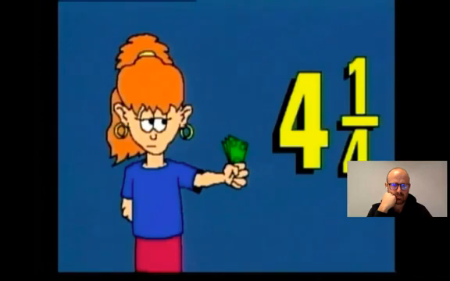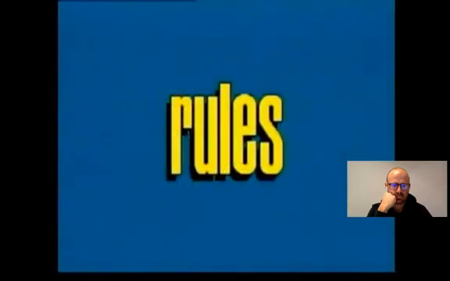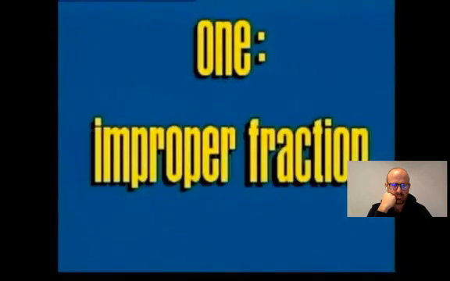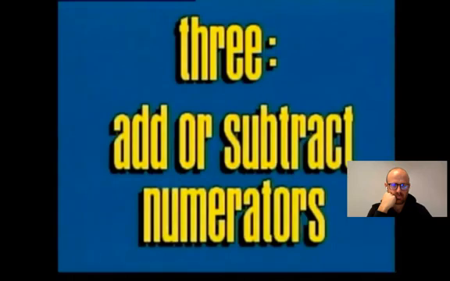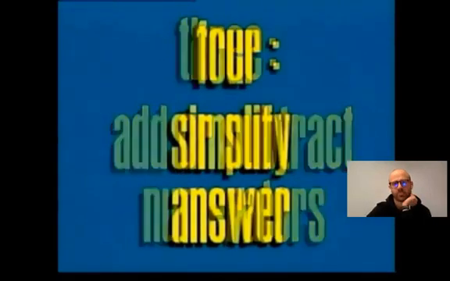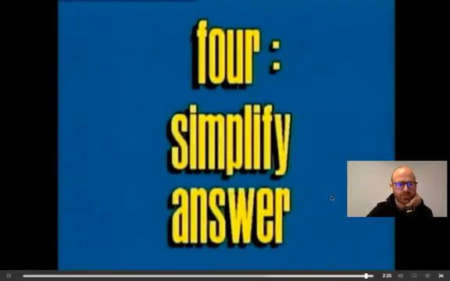Carla will get paid for 4 1/4 hours. Here are 4 rules for adding or subtracting mixed numbers. Rule 1. Change the mixed number to an improper fraction. Rule 2. If necessary, find a common denominator. Rule 3. Add or subtract the numerators. And last, simplify the answer.